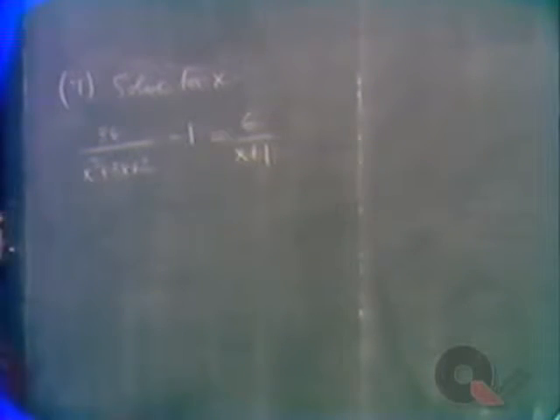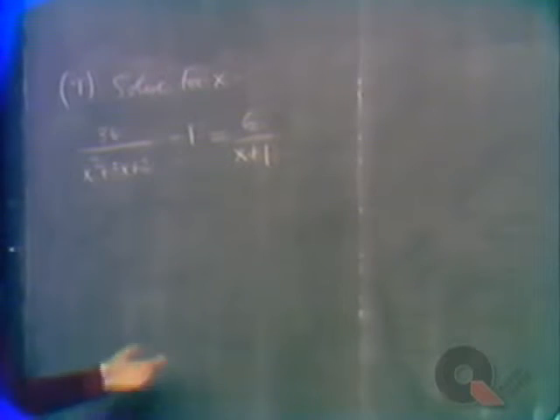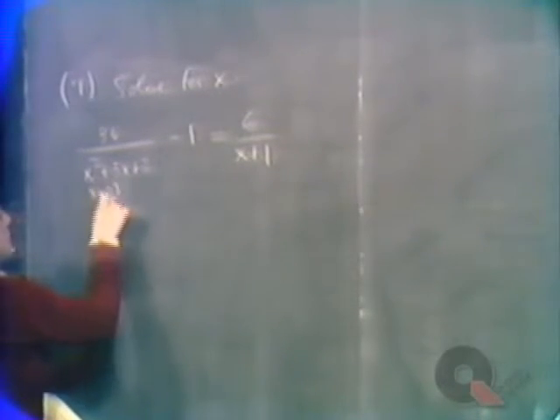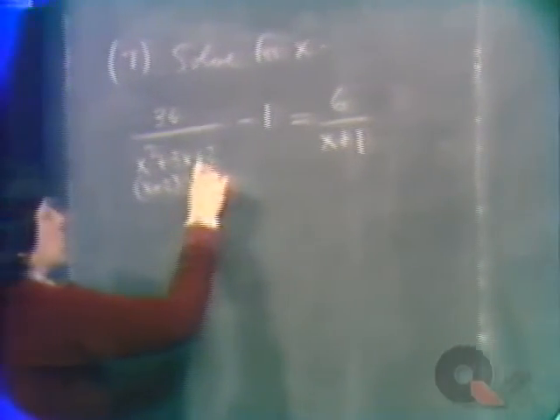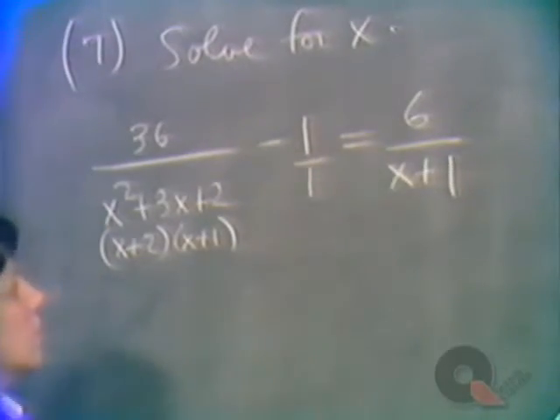When we have an equation involving fractions, we'd like to get the LCD, multiply both sides of the equation by the LCD, get rid of the fractions, and solve the resulting equation without fractions. To do that, we have to factor each denominator completely. This, of course, is just 1 over 1.